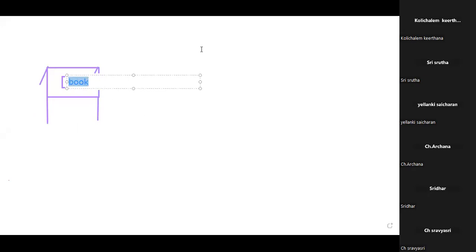Okay, book is placed on the table. Then what is happening? Can anybody say? What is happening? You see, the book applies some force on this particular table.